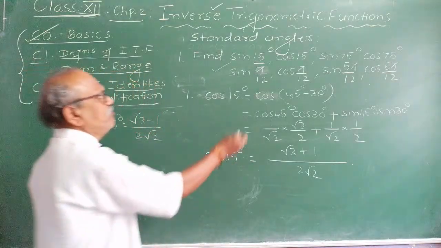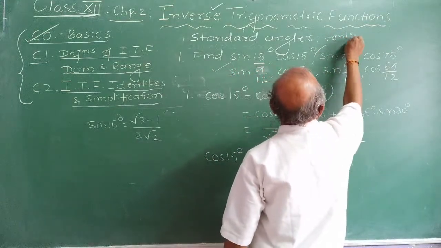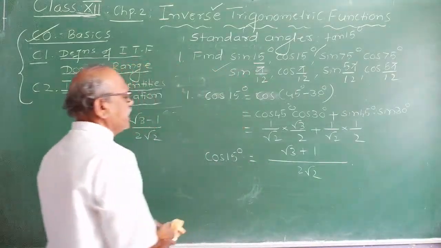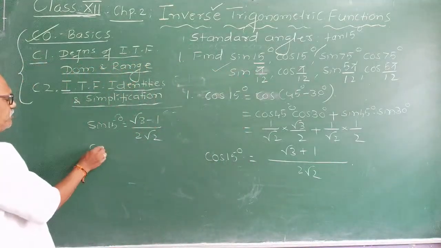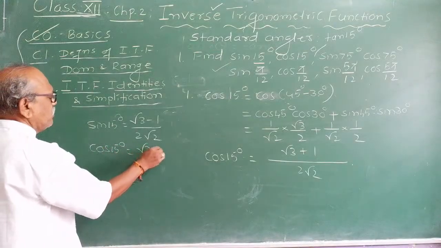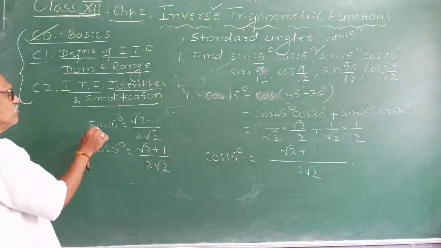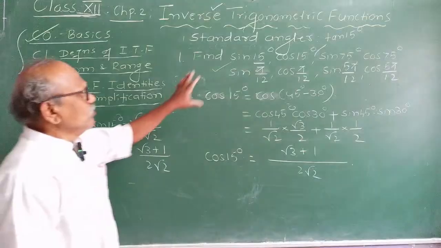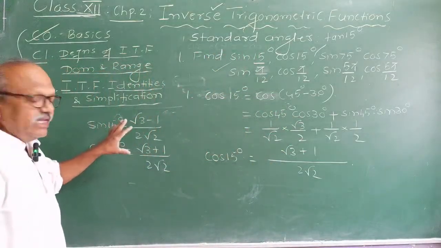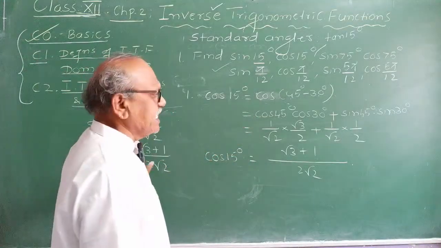Once you know sin 15 degree, cos 15 degree, can you tell me tan 15 degree? How can you get tan 15 degree? Derive it on your own at your study table. In my experience, with a theoretical concept for application of the rule, if it is logically correct, your mind will hold it.